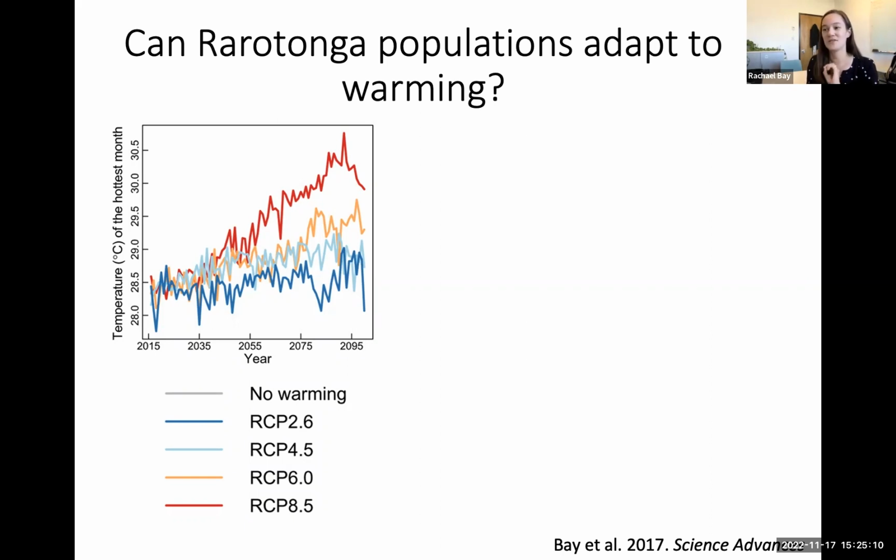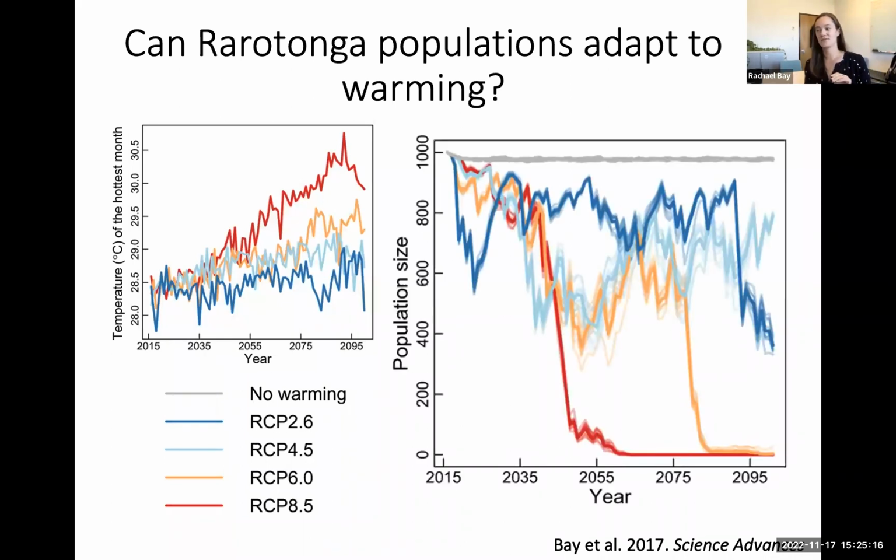And so when we use this to determine the fitness functions, this is what we get for fluctuations in population size over time. So you can see that the mitigated scenarios are able to maintain coral populations by the end of the century, while the more severe scenarios see extinction, and the most severe scenario sees extinction quite quickly.